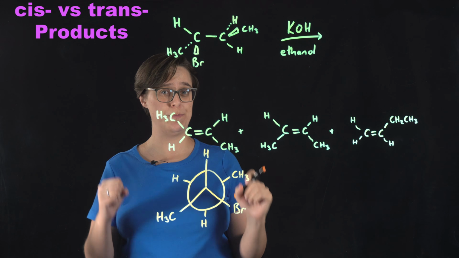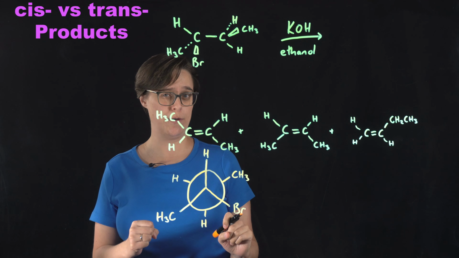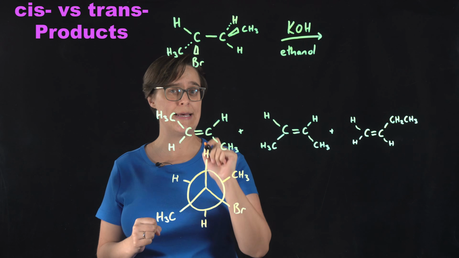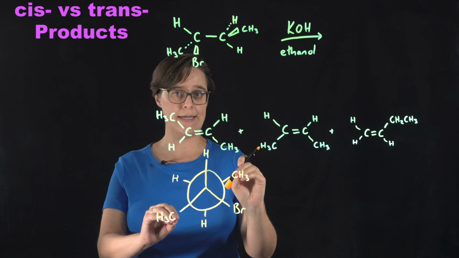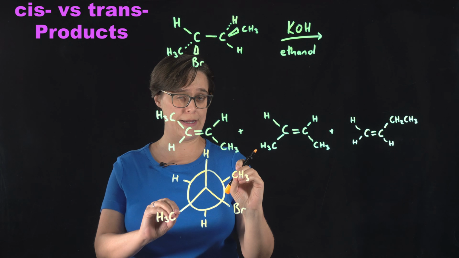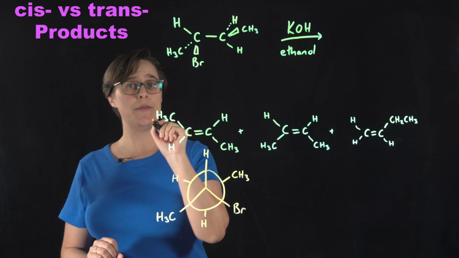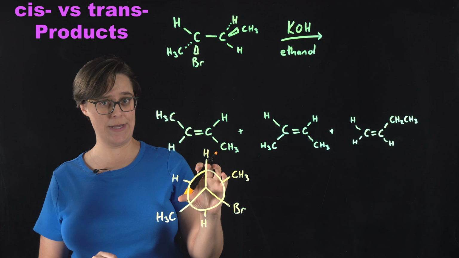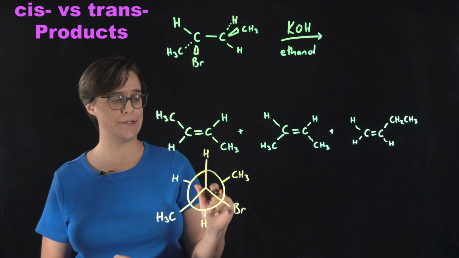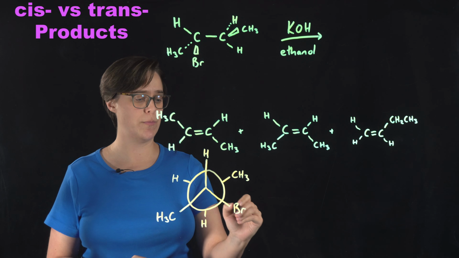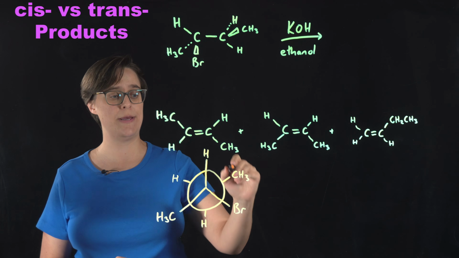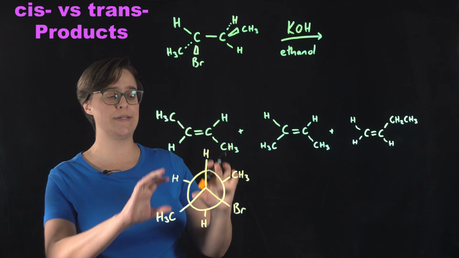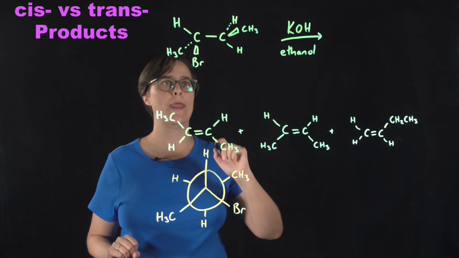What we care about are those big bulky groups that want to be as far apart from each other as they can be. In this case, these CH3 groups are 180 degrees apart from each other. But the reason that this conformation can undergo an E2 reaction is because we have a bromine and a hydrogen that are anti-periplanar. That means 180 degrees apart in this Newman projection.